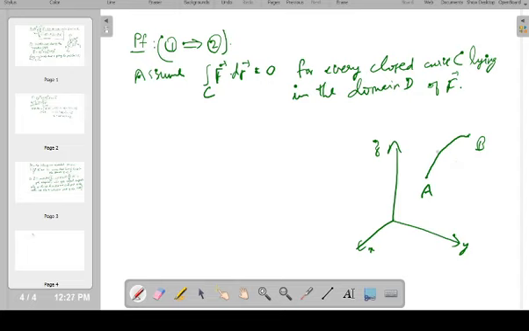So I can choose this path. My path is, let us say, C1. You can choose another path. This is your path, C2.